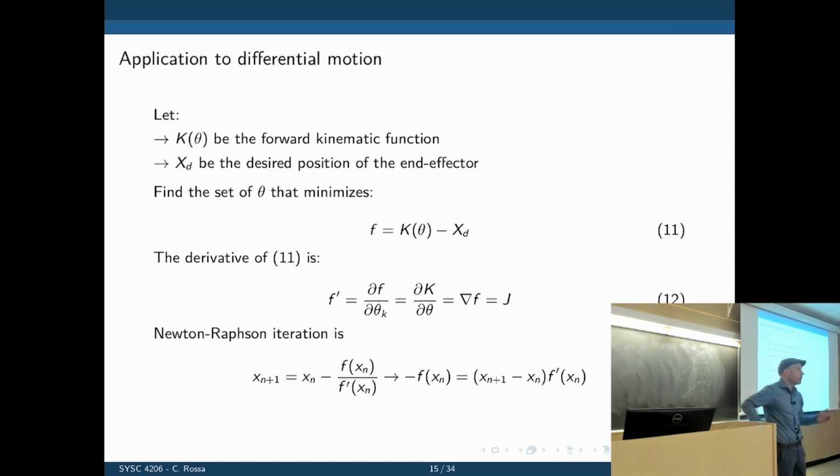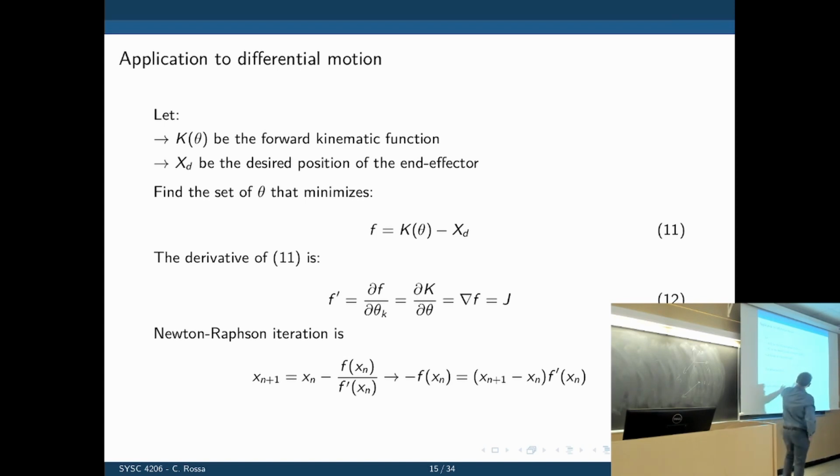What are the variables of this function? Theta 1 to theta n, as many thetas as we want. What's the gradient now? The gradient is the partial derivatives of f with respect to thetas. What's the partial derivative of xd with respect to theta? 0, right? Because xd is a point in space, it's a constant.